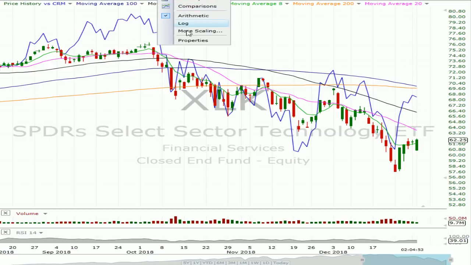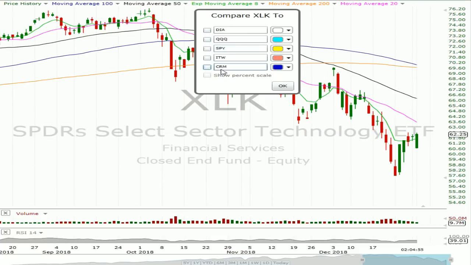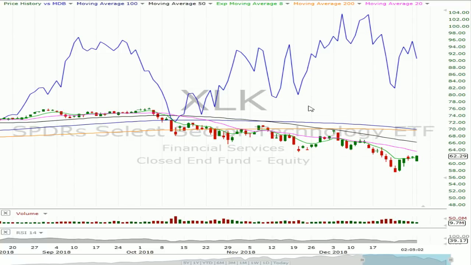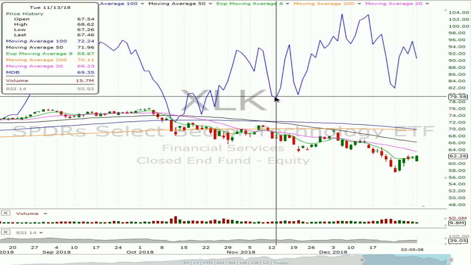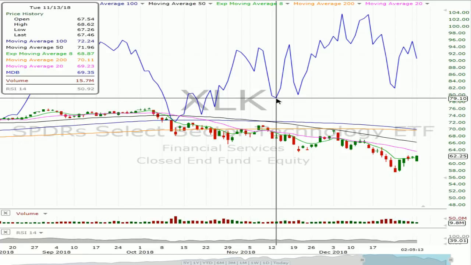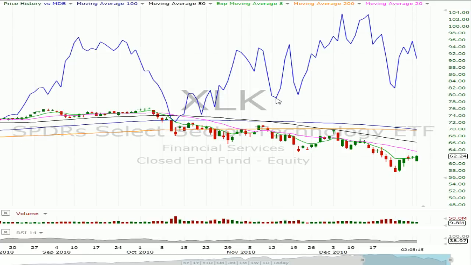Now, if you just compare actual software names, there's a pretty big separation. So this is MongoDB. You saw what Salesforce did. MongoDB basically didn't even get down into that area. It dropped, but in terms of retesting the November low, it wasn't quite there.